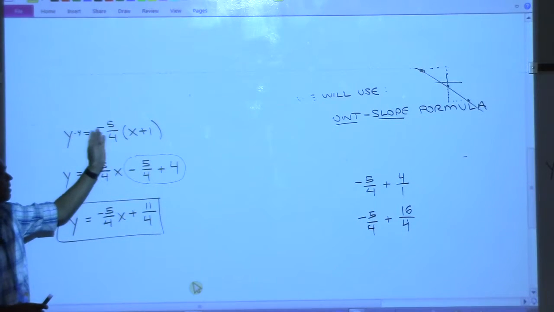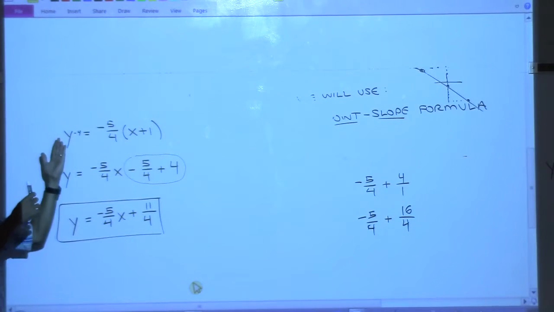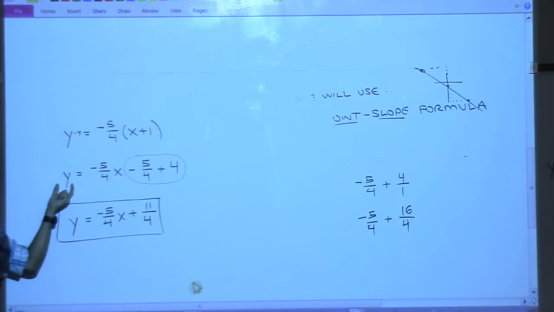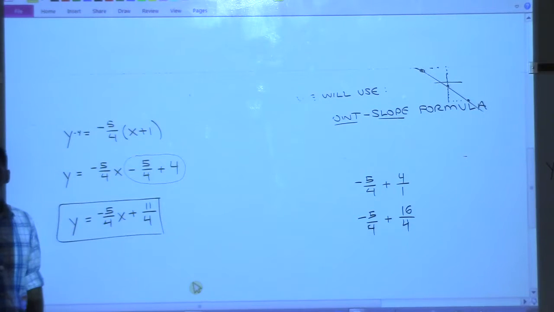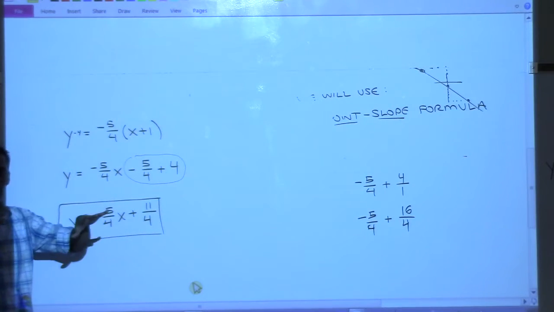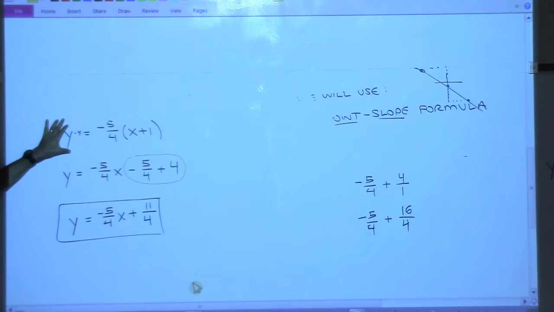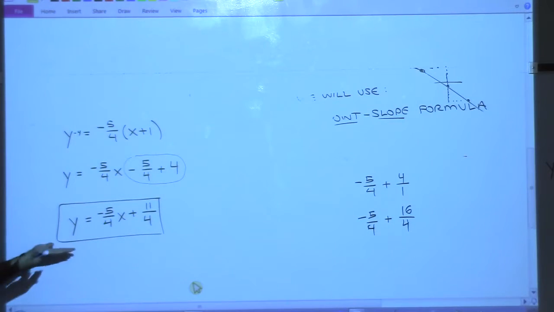To clear that 4 out, you have to multiply this side by 4. Then you're going to have 4 in front of the y, and you're going to eventually have to divide out by 4 because the whole idea is to solve for y. So you're going to wind up undoing what you did. It's not like in the previous problems where we cleared the fraction so we could solve for y. Here we've already almost solved for y at that point, so let's just work with the fractions. In a problem like this, you have no way around the fractions.